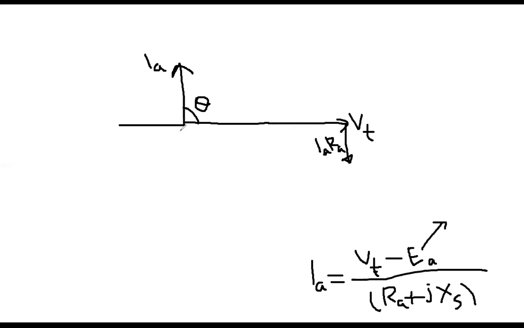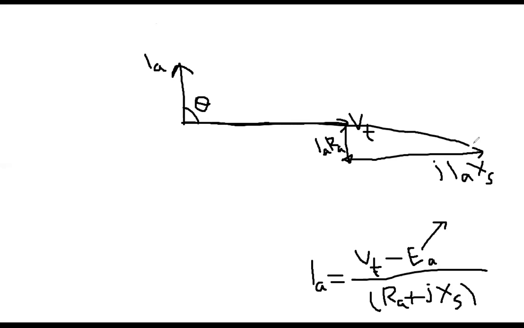But now instead of going there, I will go in this direction. For example, this is my jIA times XS. So let me eliminate this one. What is my final vector? Everybody see, this is my final vector. Sorry, this one is your EA.